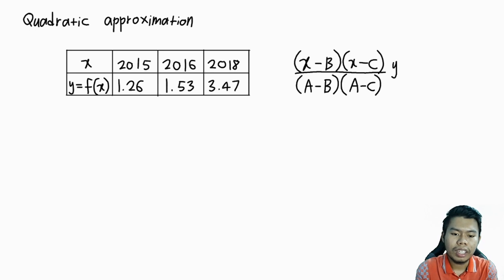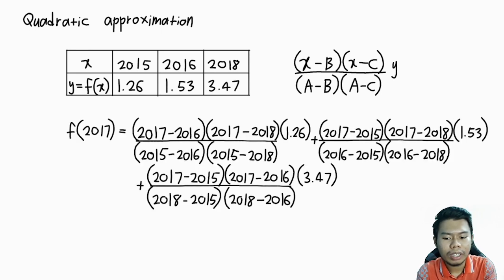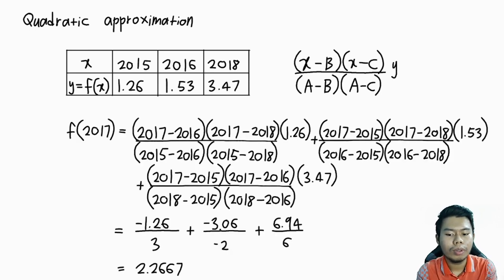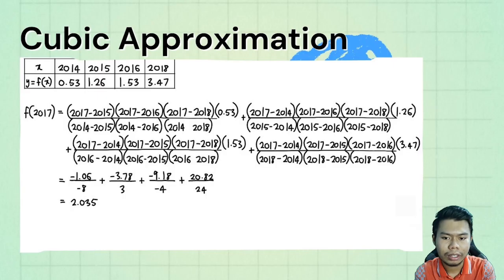The formula is (X minus B) multiplied by (X minus C) divided by (A minus B) multiplied by (A minus C), and multiplied by Y. So we just enter the values into the formula and we get 2.2667. So the value is not the same, but it is a little bit close to the original data.